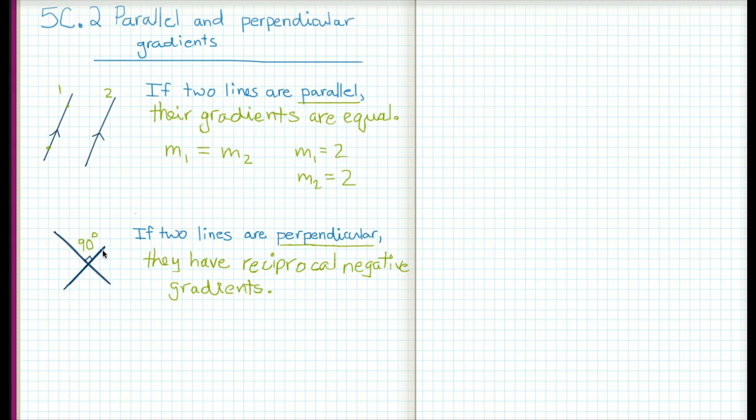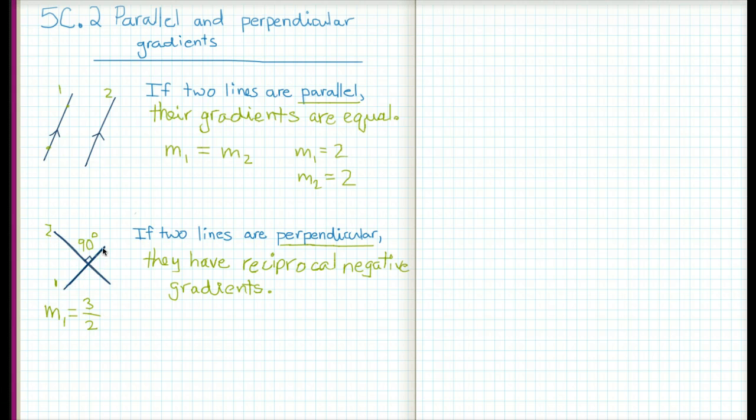So if I know that this gradient, let's say it's 1, 2, 3 over 1.5, little trick there, but let's say that's a gradient of 3 over 2, let's make it that. So line 1, that's this one here, is equal to 3 over 2. Then line 2 has to be negative to that.